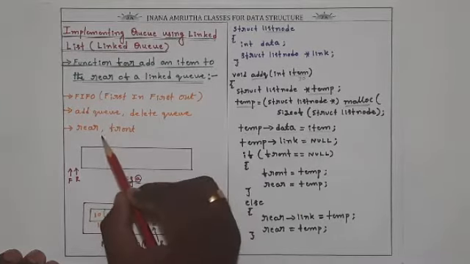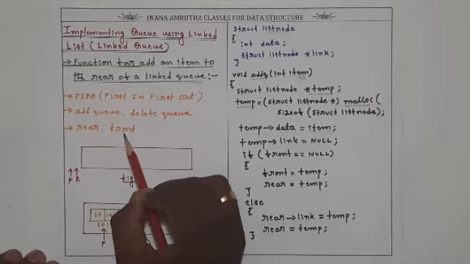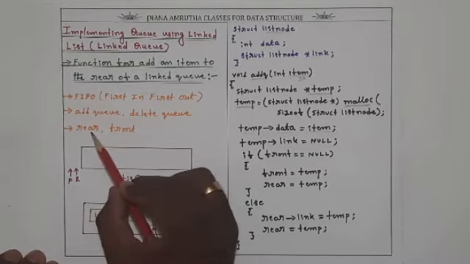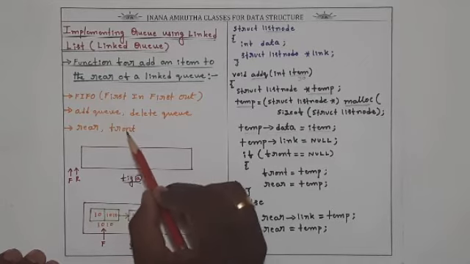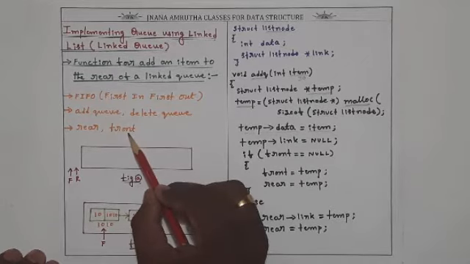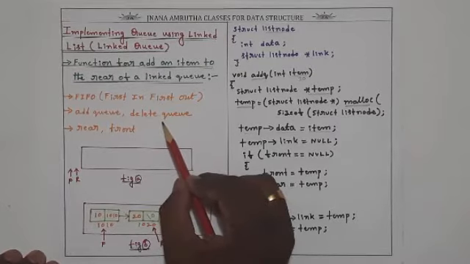In a queue we use two pointers, front and rear. By using the rear pointer we add an element into the queue, and by using the front pointer we delete an element from the queue.